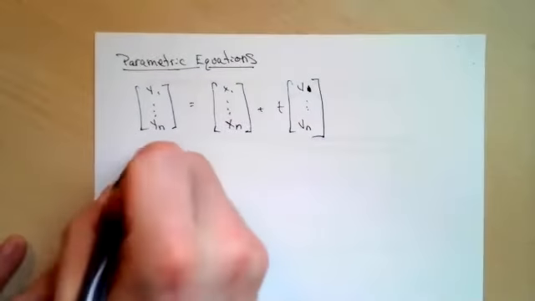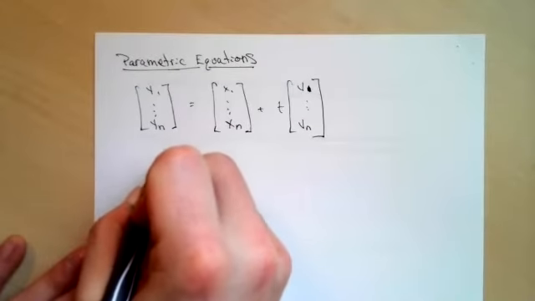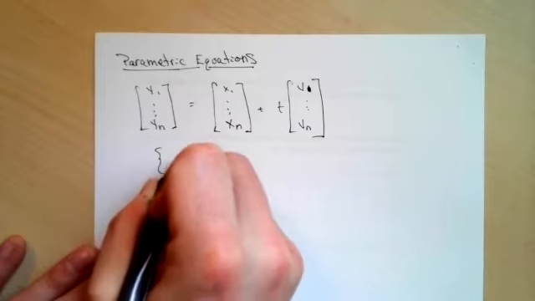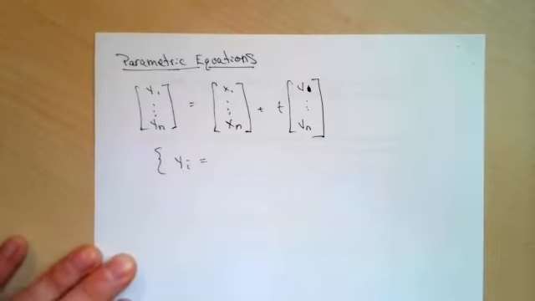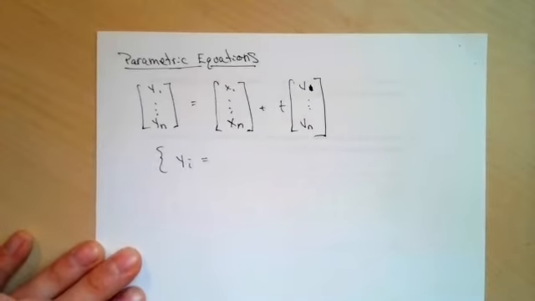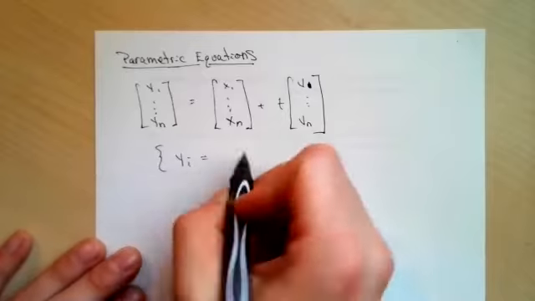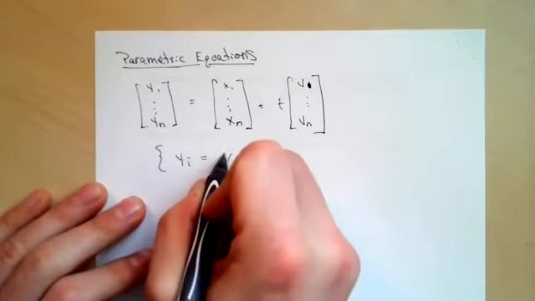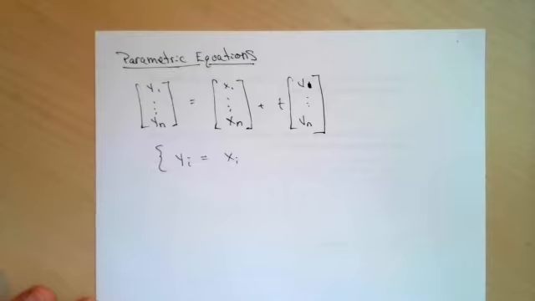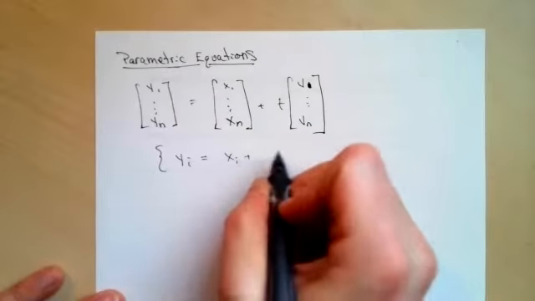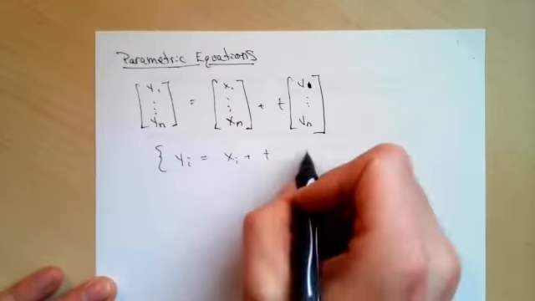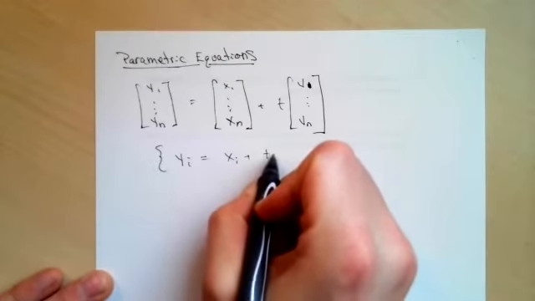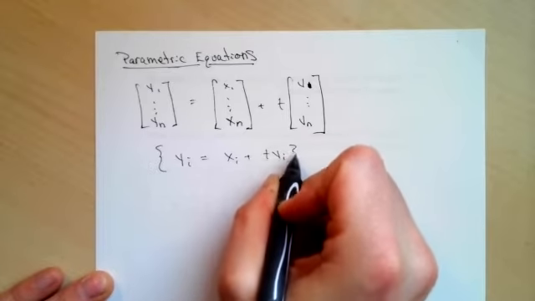And so what do we get for our parametric equations? We get a set of equations where in the ith component, our yi, our dependent variable, is going to be whatever the initial position was for that coordinate plus t times the directional component.